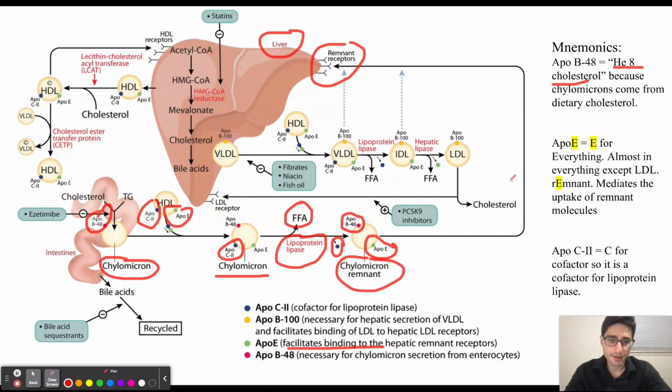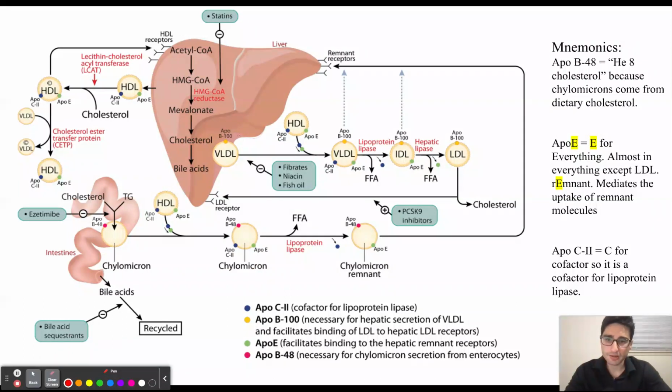So ApoE, remember the E in the word remnant, we're going to be facilitating the uptake of the chylomicron remnant into the liver by the interaction with the remnant receptors. Now, E can also stand for everything because almost every lipoprotein except LDL is going to contain ApoE on its surface. So therefore, we're going to be able to uptake these lipoproteins into the liver with the remnant receptors.